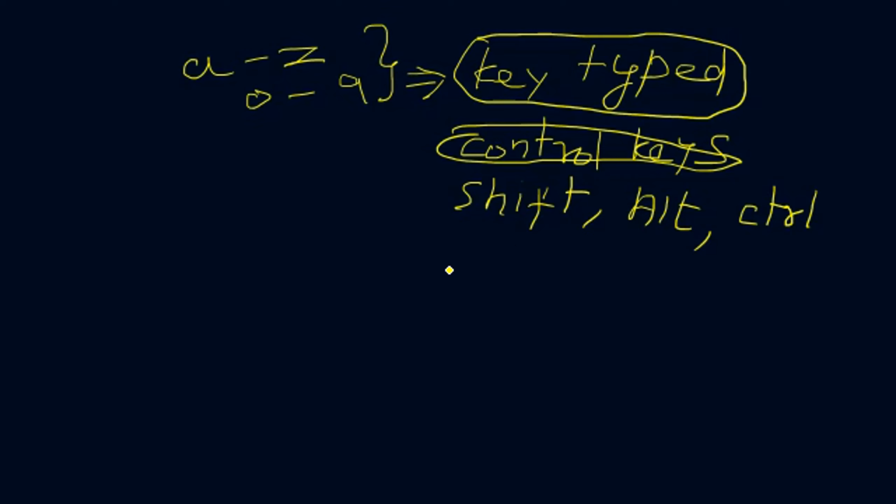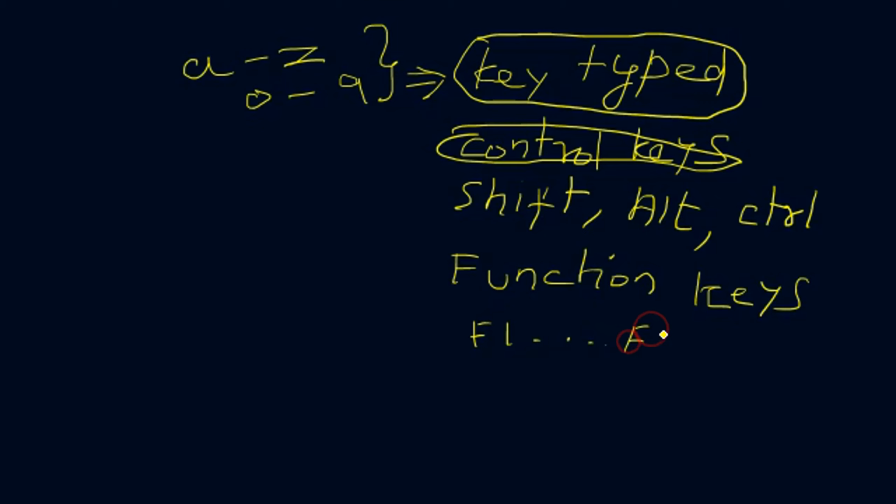Then there are some keys which we call function keys, for example the keys F1 through F12. Then there are keys for knowing the status.